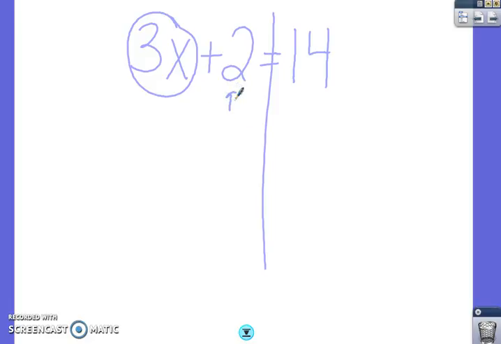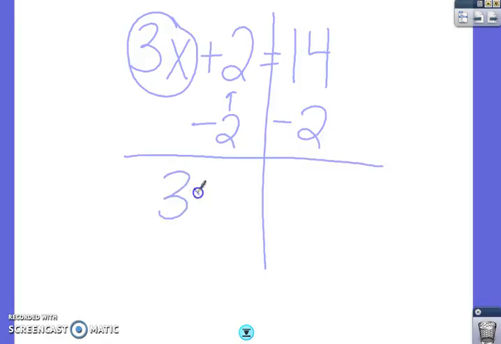I want to move the plus or minus first if I have one. Always do the plus or minus first if you have it. So how do I get rid of a positive 2? Go ahead and do a negative 2 on both sides. So again, if I draw my line, I didn't touch my 3x. They're best friends. They can stay together for now. These cancel out, and I have 14 minus 2 is 12.